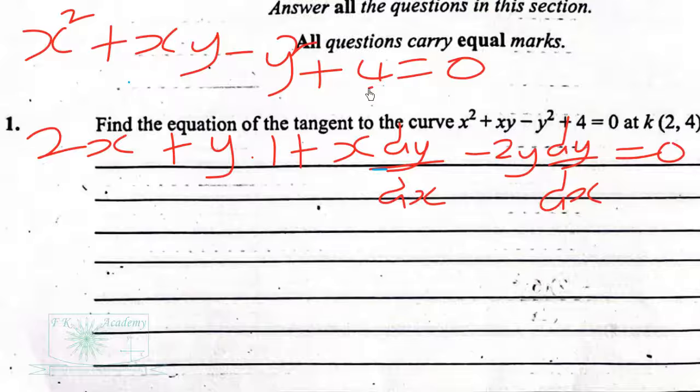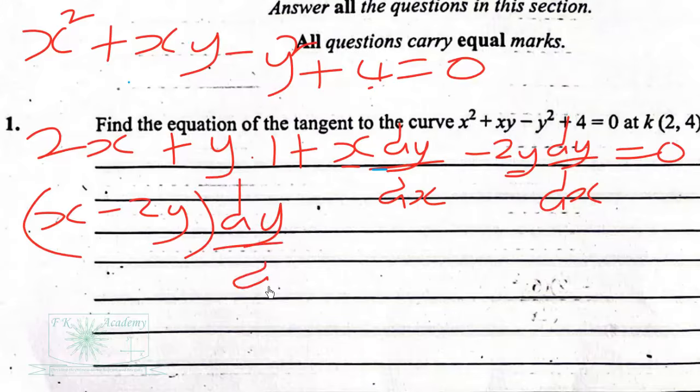So we need to simplify this. We can factor x here, and we can factor dy dx to obtain x minus 2y into bracket dy dx is equal to negative y minus 2x.